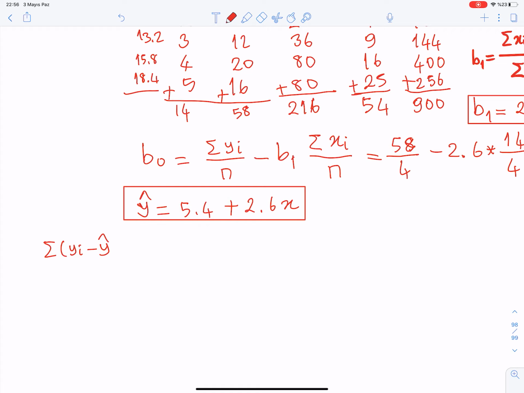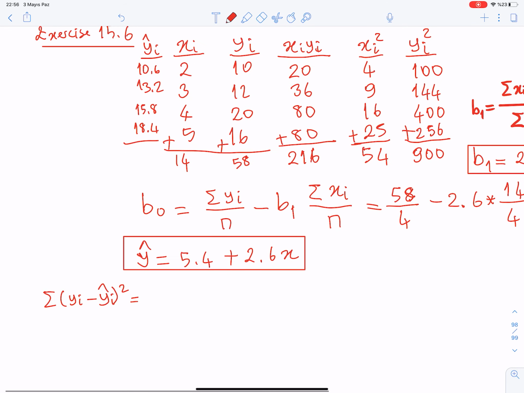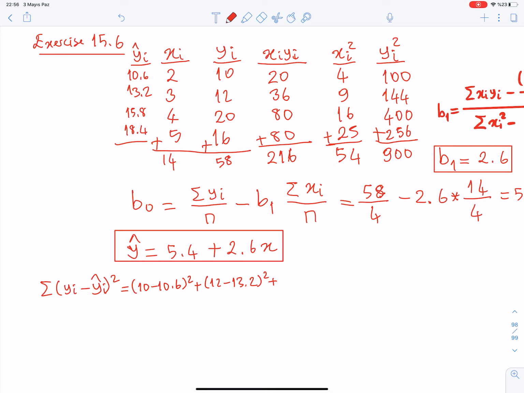Now I need to check that my model is better than the previous two models I had. The first one is 10 minus 10.6 square plus 12 minus 13.2 square plus 20 minus 15.8 square plus 16 minus 18.4 square.